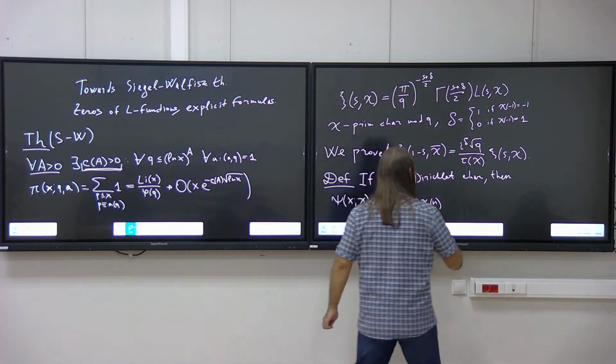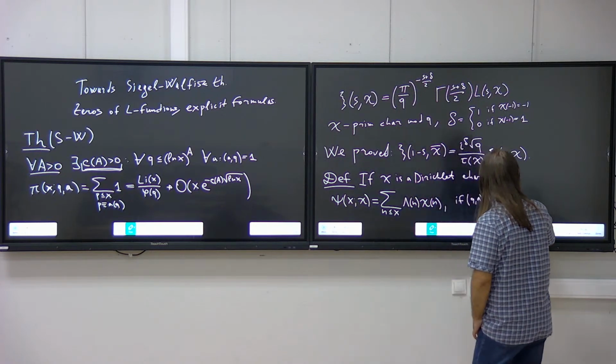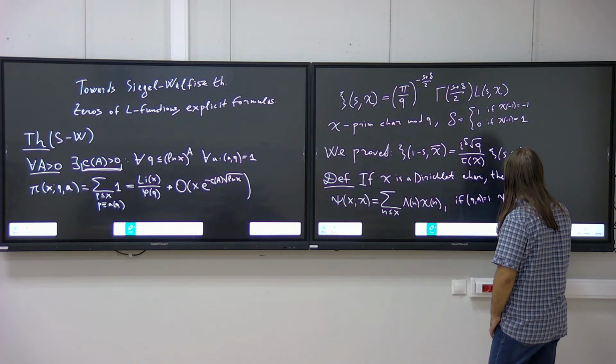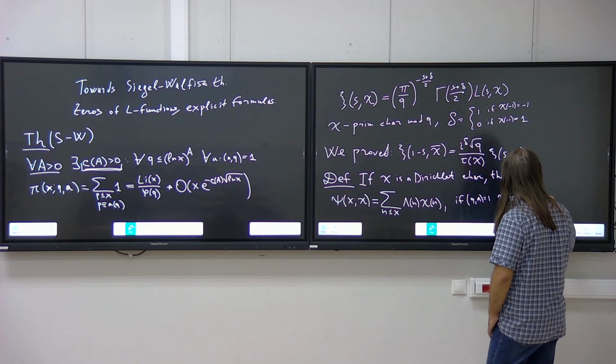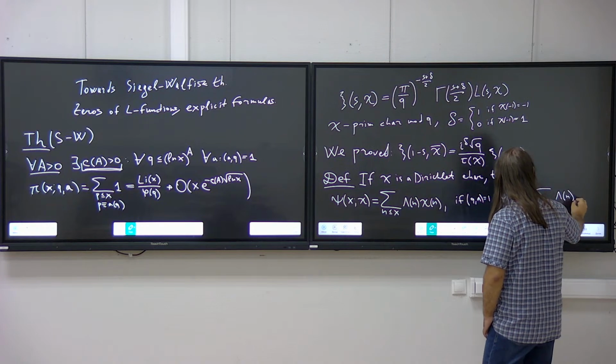And also, if q and a are co-prime, then psi of x; q, a will be the sum over all n congruent to a modulo q, n less than or equal to x, of lambda of n.